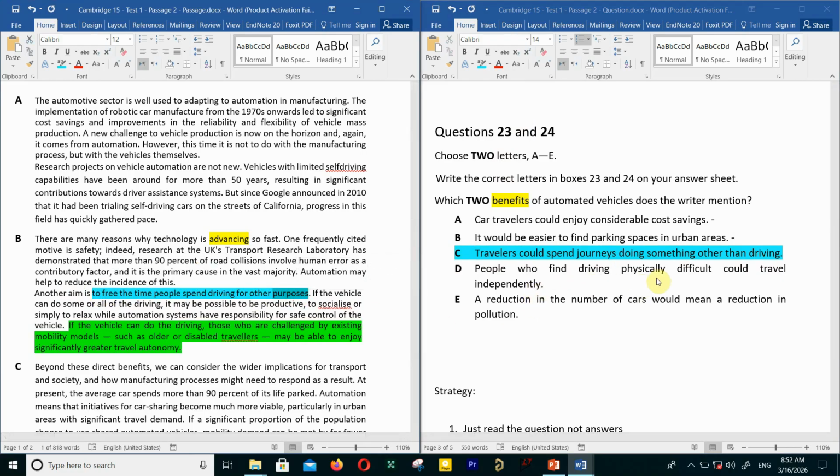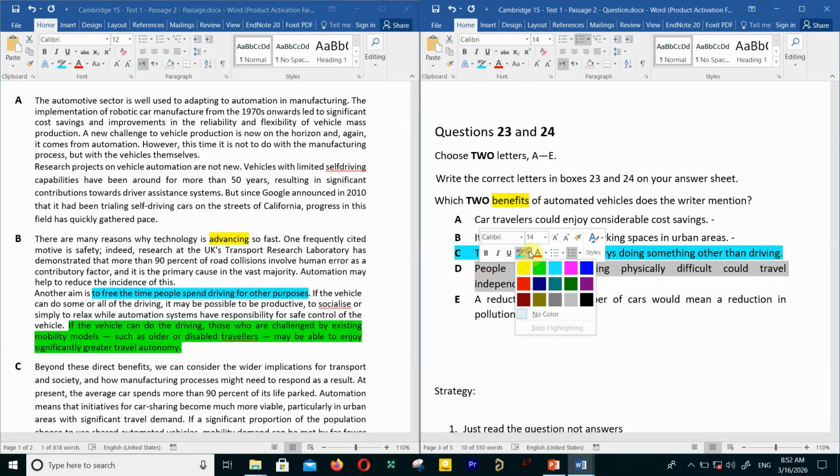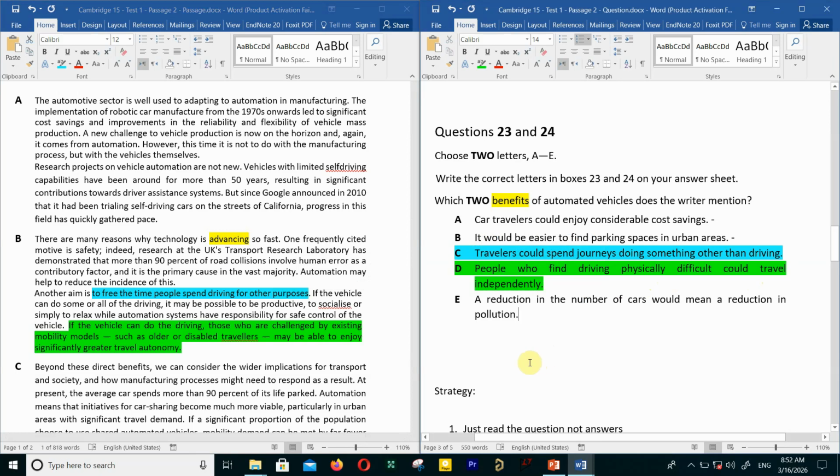People who find driving physically difficult could travel independently, and this is the one that I highlighted in green. Physically difficult. Here it says those who are challenged by existing mobility models such as older or disabled travelers may be able to enjoy significantly greater travel autonomy.